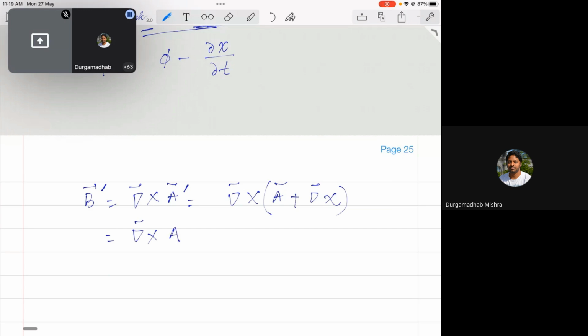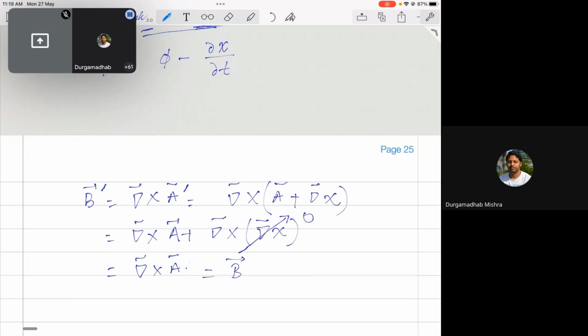So I will write it as curl of A plus curl of gradient of the scalar. And we know that the curl of a gradient of a scalar is always 0.